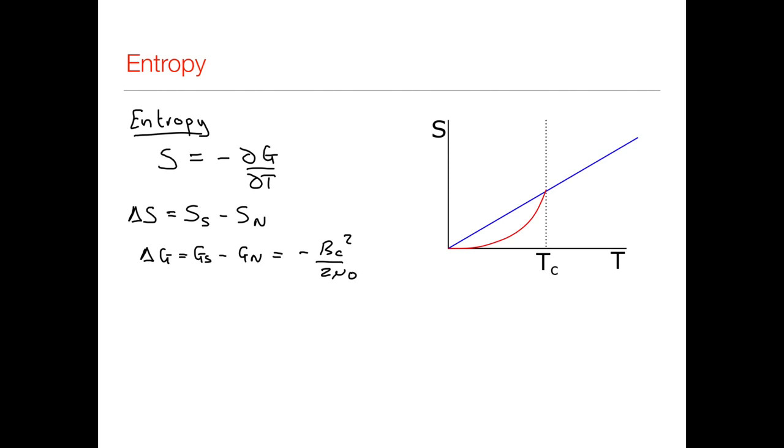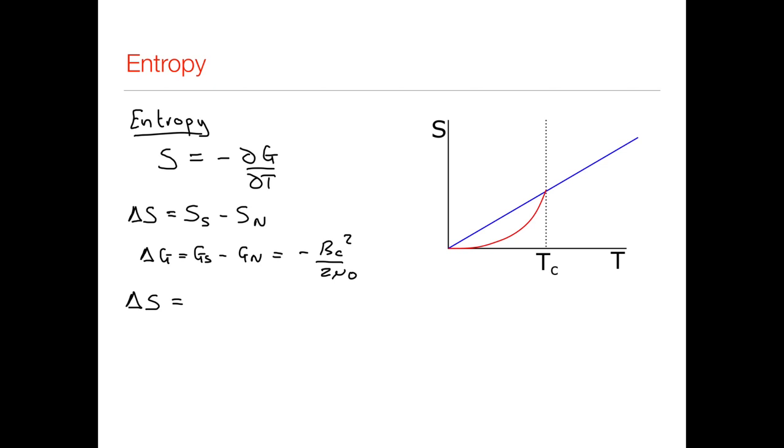Okay, so delta S will be equal to, let me see, so this is G, and I just need to differentiate G with respect to T. And the minus signs are going to cancel. That's the first thing I'm going to see. And if I differentiate this with respect to T, I'm going to bring the 2 down.